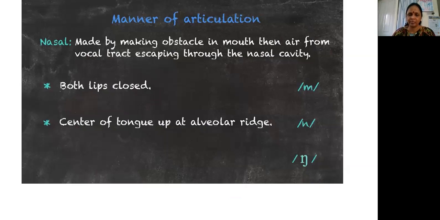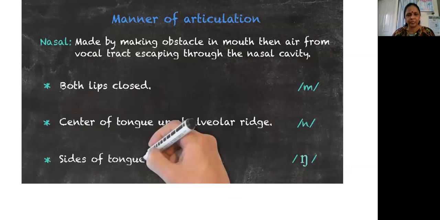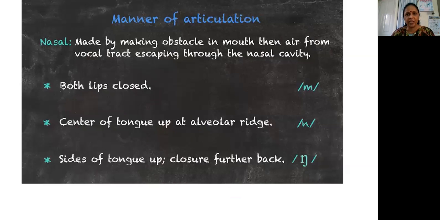Again, that's... Finally, we have our NG sound, and the closure there is happening further back in the vocal tract. It's not a wonderful sound, but nonetheless, we do need to use it, especially with our present participles and our gerunds.